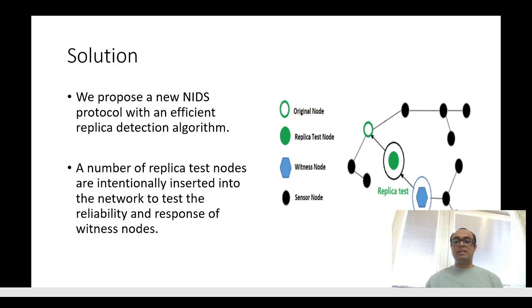Here we just create a replica test node, and we insert this replica test node near the witness node, and we will see if this node will notify the other nodes about it, or if it will make it hidden. If it is able to notify the other nodes and detect this replica node, then this witness node is safe. Otherwise, this witness node will be considered a compromised node.